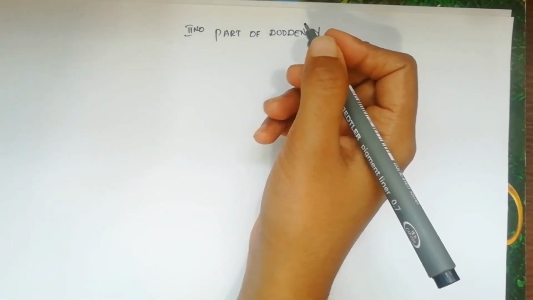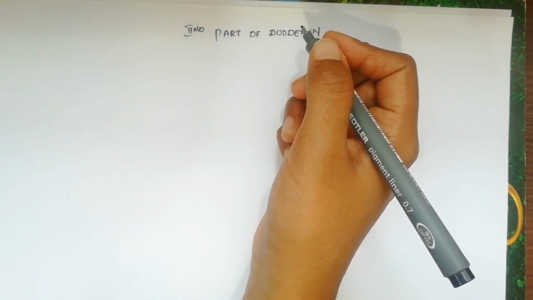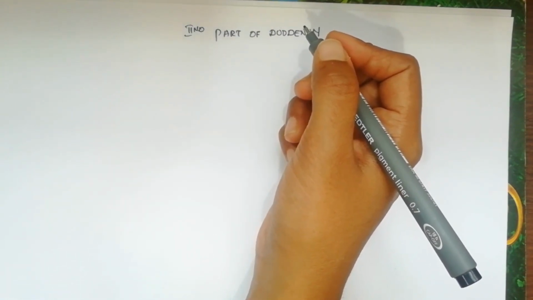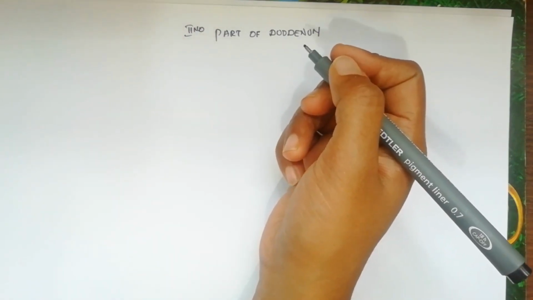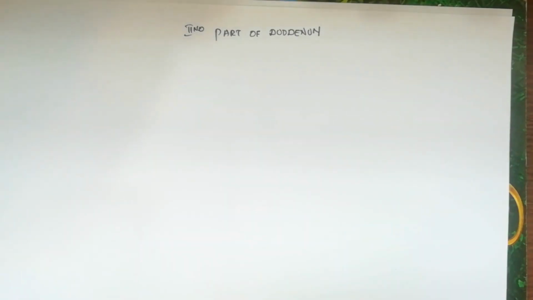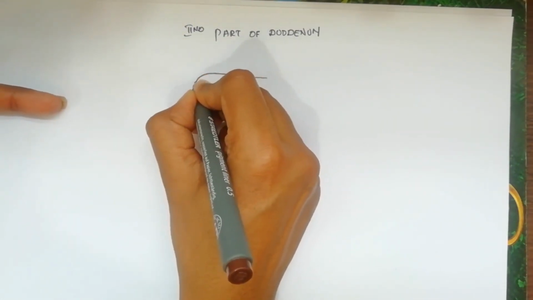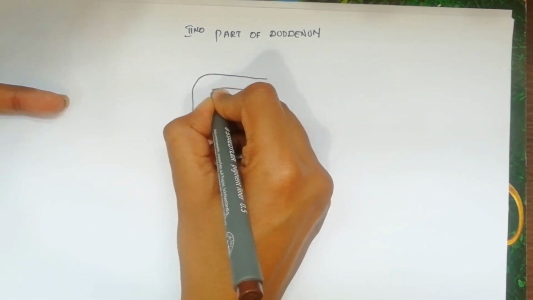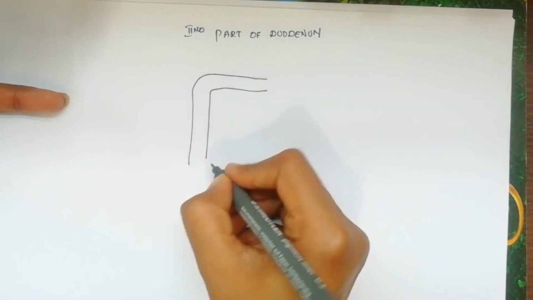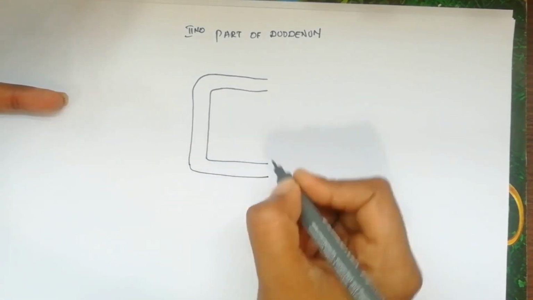Second part of duodenum. It is a vertical part. The first part is the horizontal part which is about 5 centimeter, and the second part is the continuation of the first part by the superior duodenal flexure. It continues downwards, that is the vertical part, and then we have again a horizontal part, that is the third part.